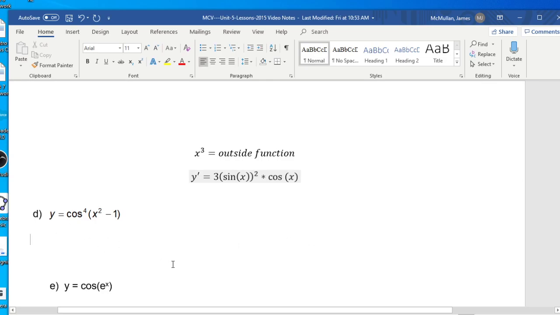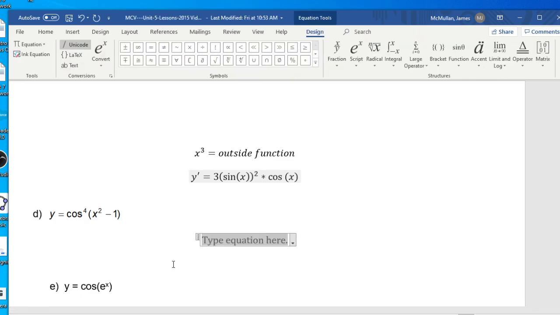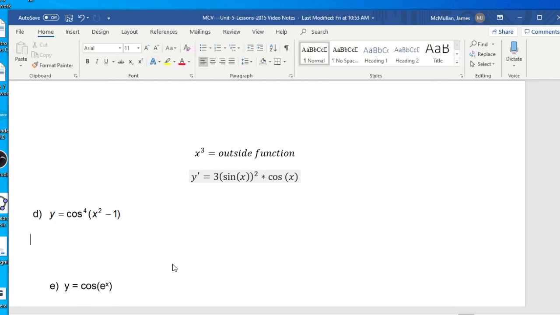Okay, here, now this time we have a triple chain rule, right? So if you want to imagine, let's do a full chain rule workup of this question. Okay, and let's do it in Leibniz notation just to remind us how that works. So dy dx is equal to, okay, let's make a few substitutions before we start.